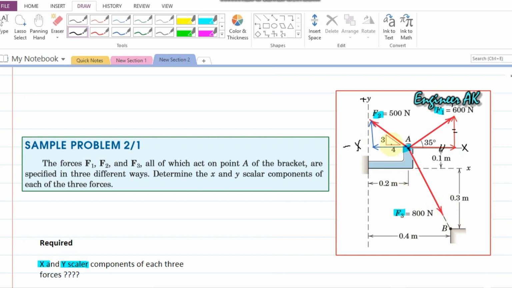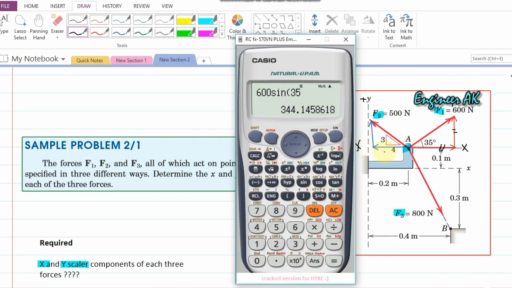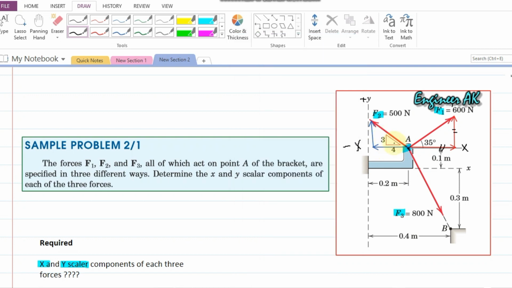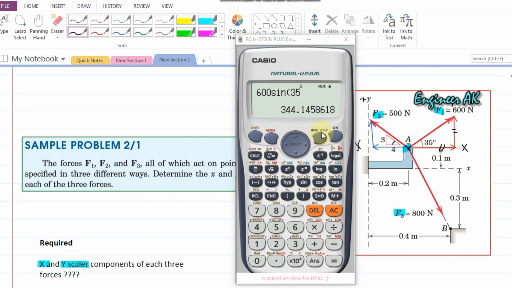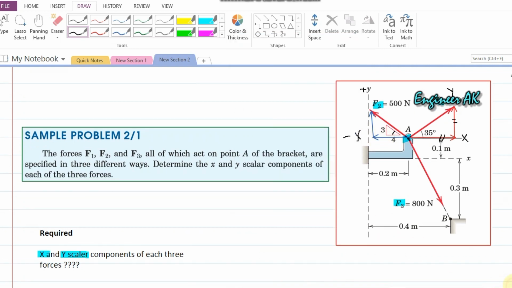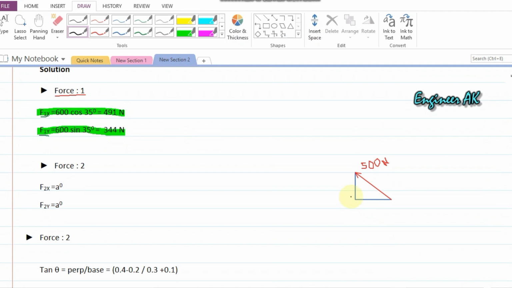And here through this triangle we can easily find the angle. If I look, it is a base and it is the perpendicular. So if I find this angle, this angle and this angle are the same. So let me plug in the value in the calculator.